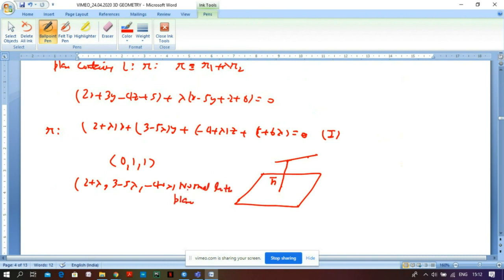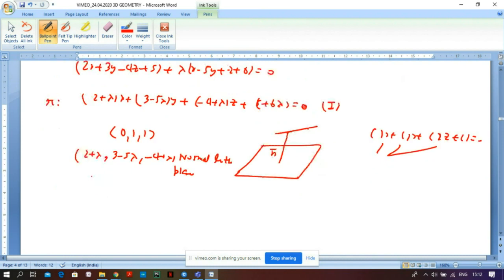To remind you, each time you see something like ax plus by plus cz plus something equal to 0 in the equation of a plane, these three numbers are nothing but direction ratios of the normal to the plane. So this is the DR and this is the line, and they are parallel. It means these two directions are perpendicular, so the dot product must be 0.